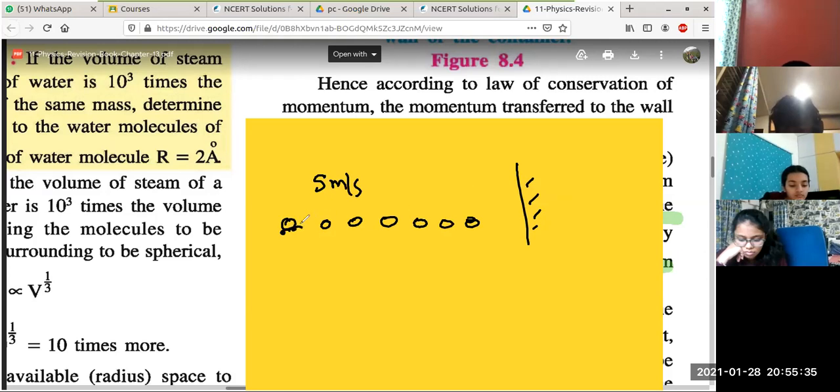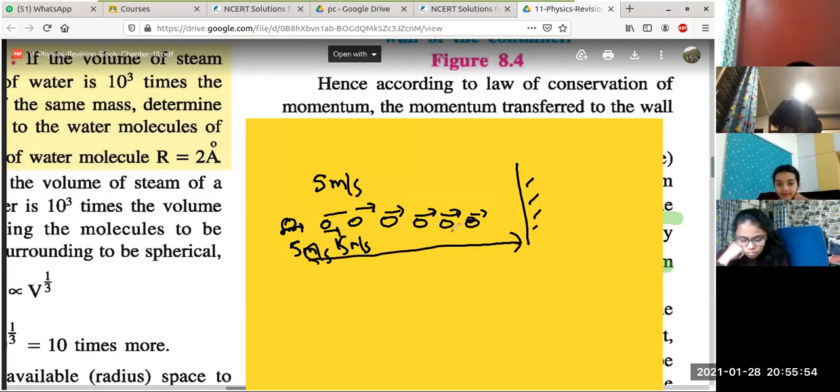Every ant is going at 5 meter per second, they are in a line and going like this. Now if I ask you, in 1 second what length of this line will hit the wall?